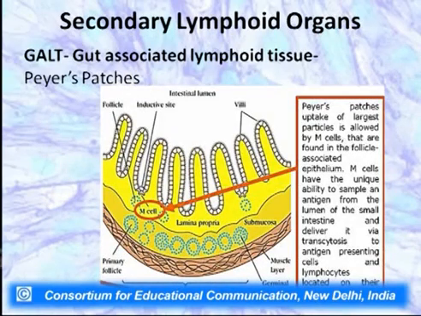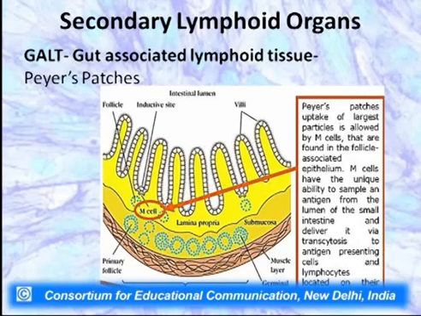This is GALT, or gut associated lymphoid tissue. As you can see, Peyer's patches. An important point about Peyer's patches, which are present in the last part of the ileum, is that they have certain M cells that do a sampling process which identifies the material present in the intestine, whether it is normal food or a harmful microbe.